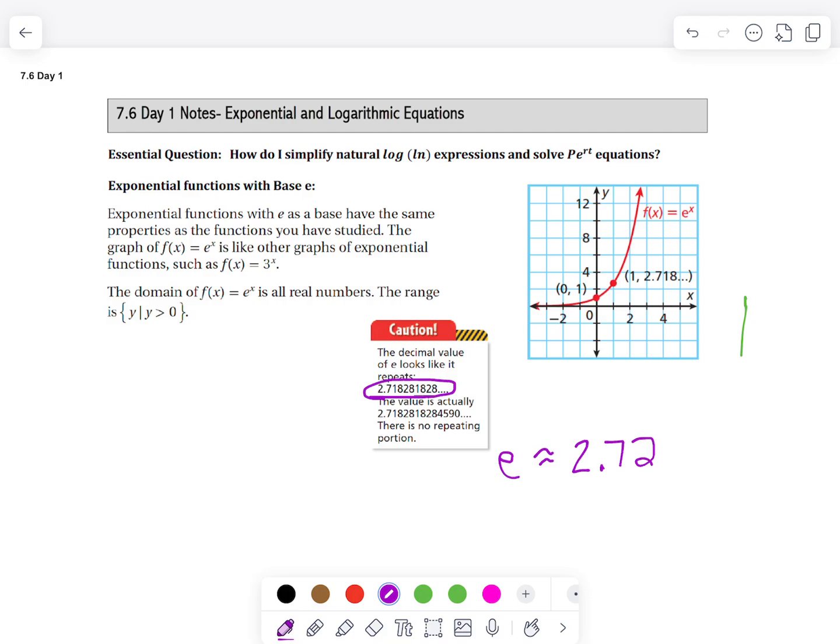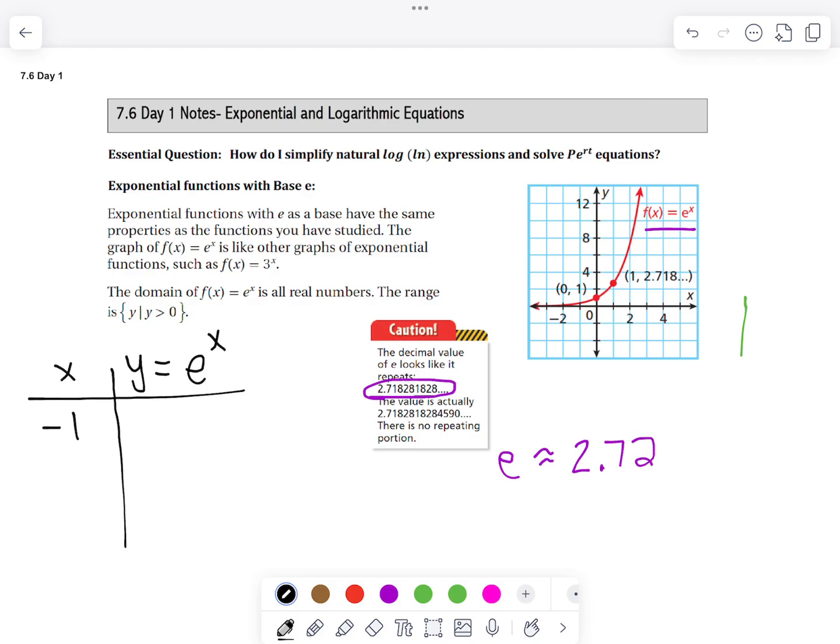So what we see here is our exponential function f of x equals e to the x. How we can graph this out by hand is a table of values. We would just substitute some numbers in.